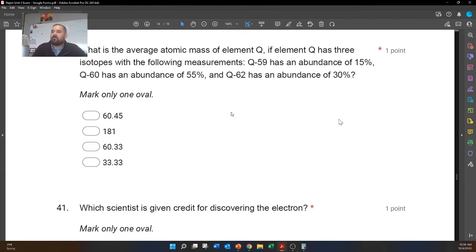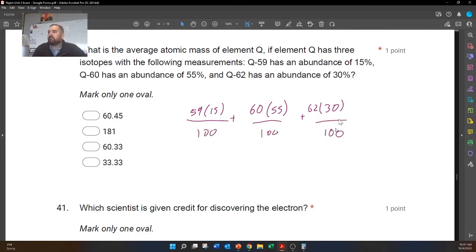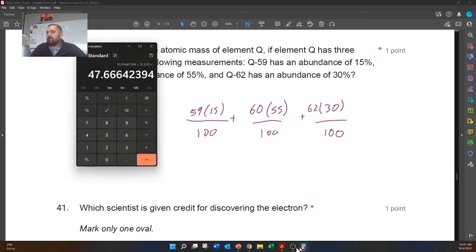So let's just go ahead and plug this in. So we got 59 times 15 plus 60 times 55 plus 30 times 62, and then we're just going to divide by 100. That's going to be 8.85.